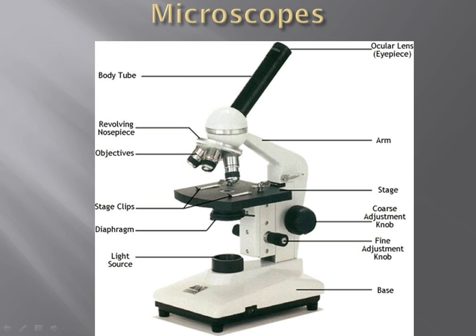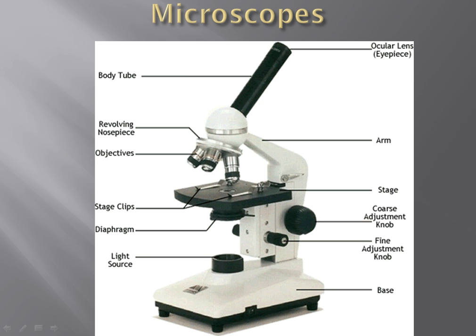Okay, so this should look pretty familiar. This is a compound microscope, and I've put this picture here because it has all of the relevant parts. Now, nowhere in this year will you be graded on the parts of the microscope. You've already done that. However, I would familiarize yourself with those parts again if you have forgotten them, because as we do microscope work this year, I will refer to these pieces as if you know what you're talking about.